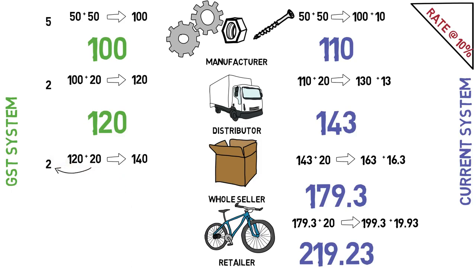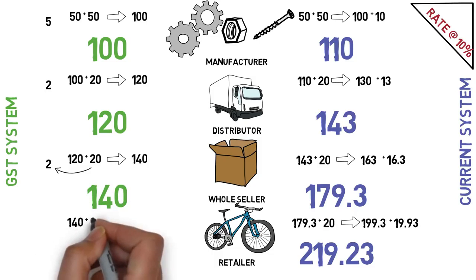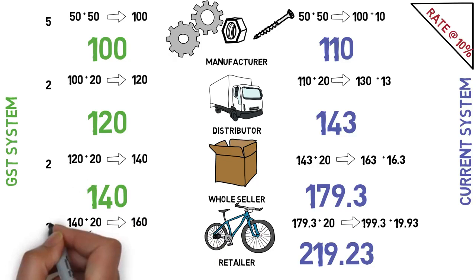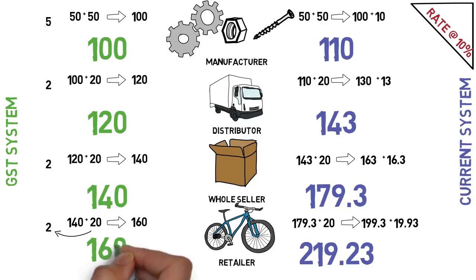Retailer buys the product for 140 rupees, add profit of 20 rupees, pays the taxes of 2 rupees on his profit of 20 rupees and raise the final consumer price to 160 rupees.